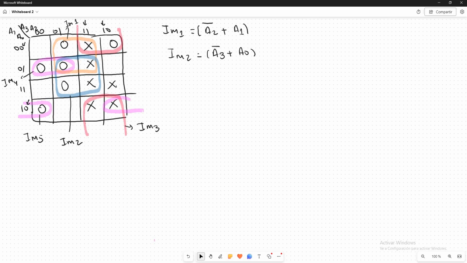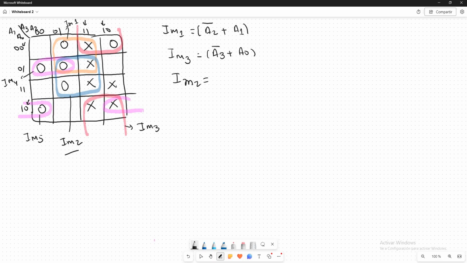I have made a mistake. This is implicate 3. Implicate 2 is this one.